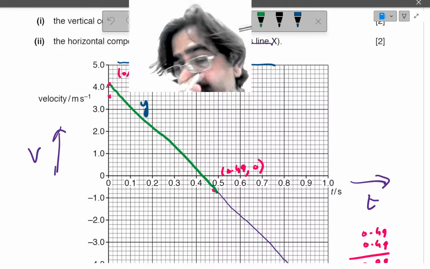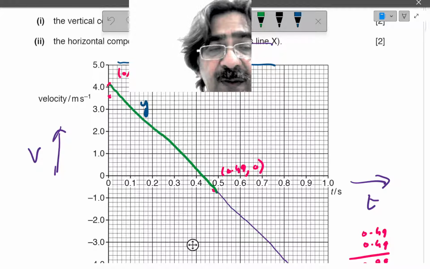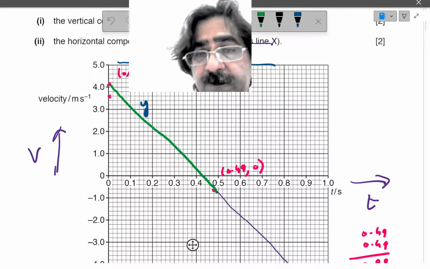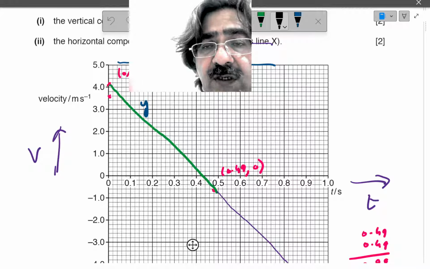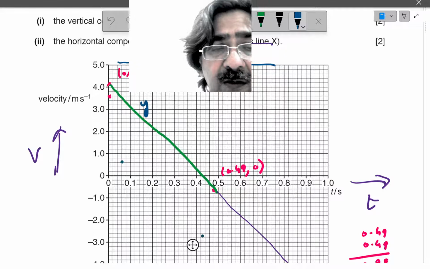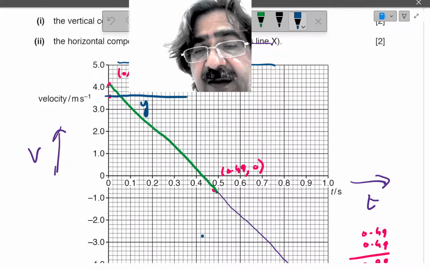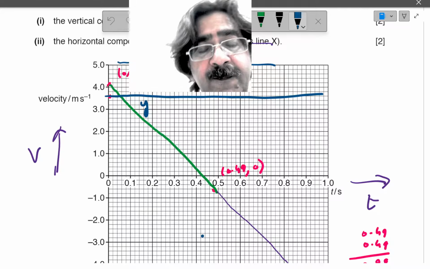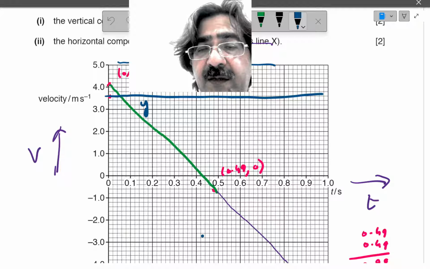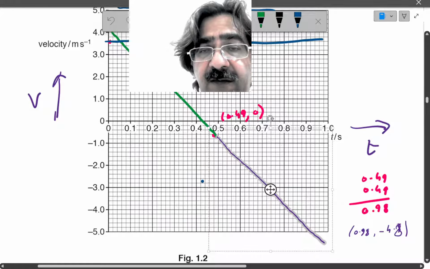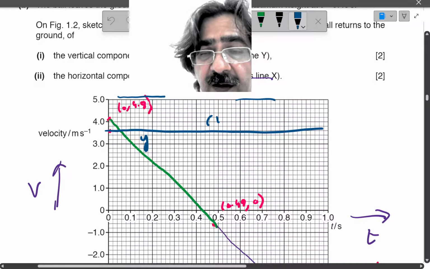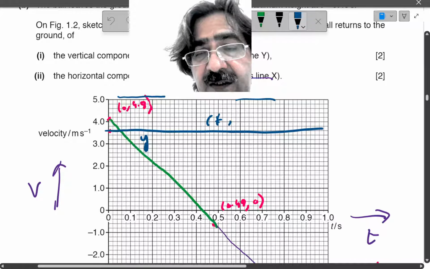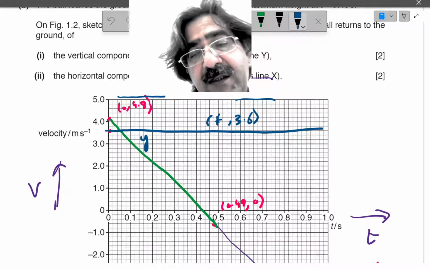There will be no variation with respect to time. So this line will be parallel to the horizontal line, and that will remain for all time. For all time, the velocity value will remain 3.6.